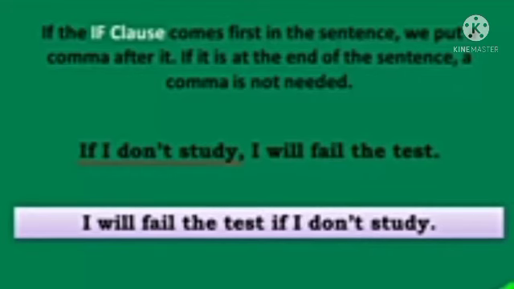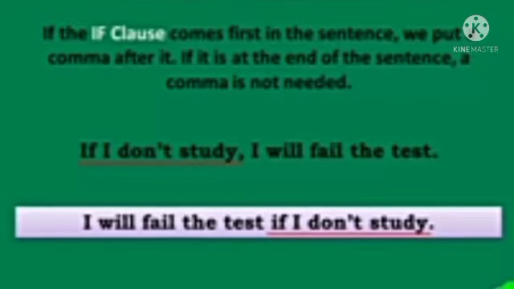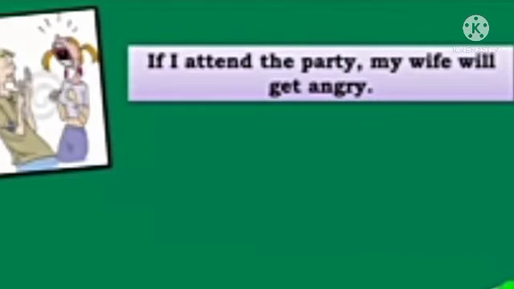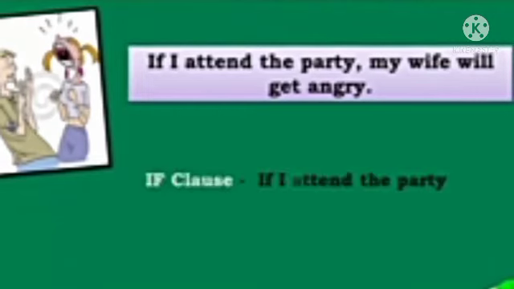I will fail the test if I don't study. Here the comma is not there. That's why it is written that if it is at the end of the sentence, a comma is not needed. Another example: if I attend the party, my wife will get angry.